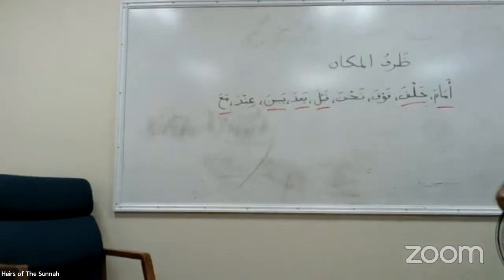That's why he leads from in front. Amama, in front of. The ones in red can be used to refer to time or place. You can say أمامي عمارة, there's a building in front of me. And you can say أمامي وقت, I have time ahead of me.